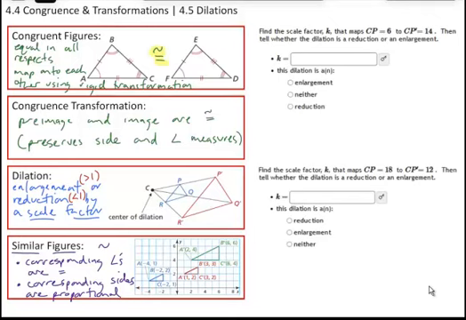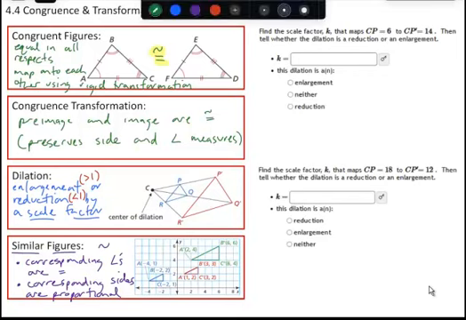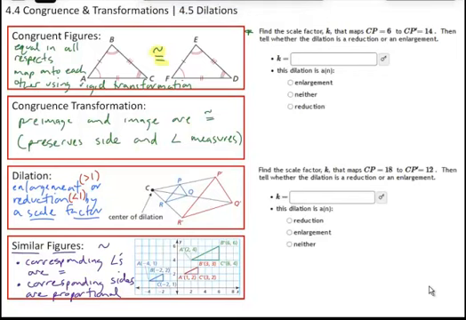All right, so if we look at this first example up here, and we're asked, what is the scale factor? If you're mapping 6 onto 14, the first thing to think about here is, is that going to be an enlargement or a reduction?